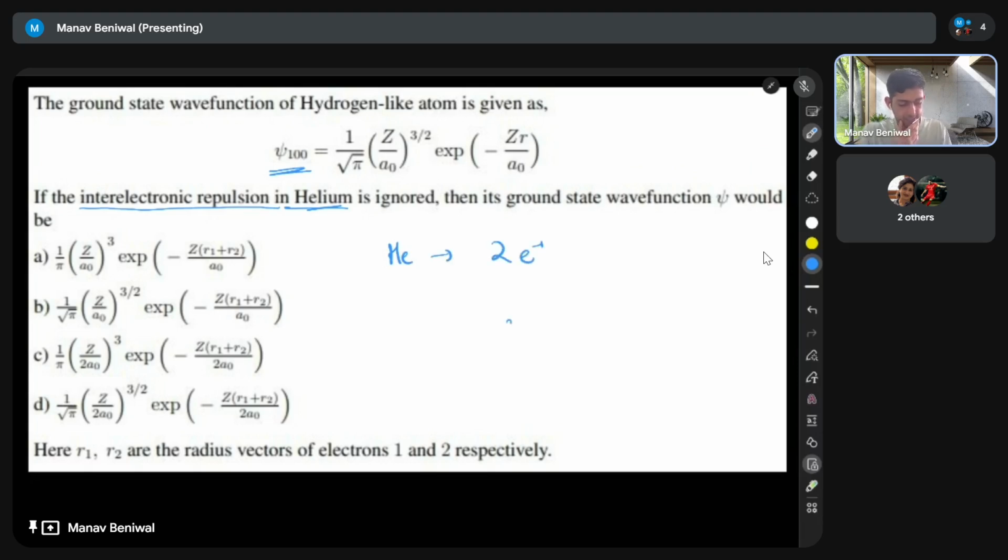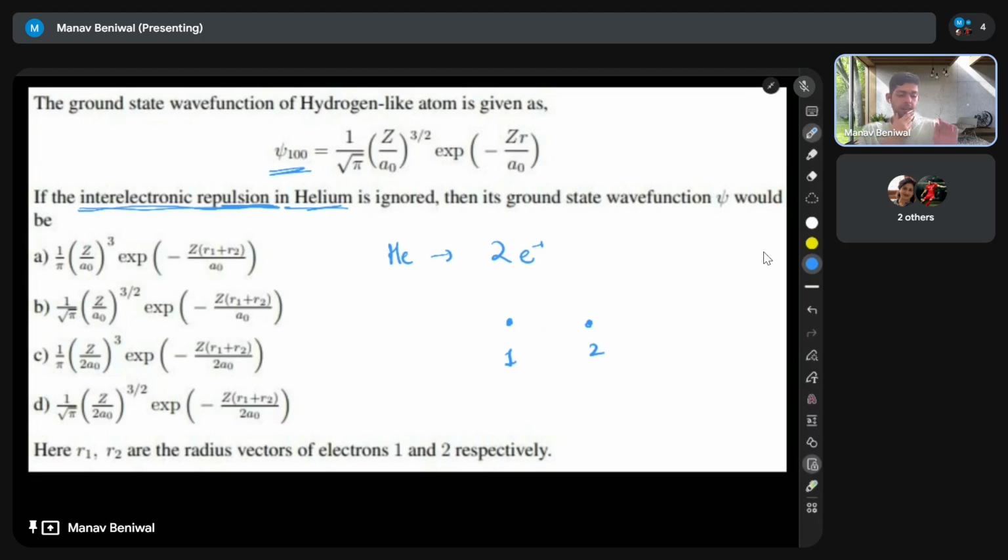Let's say this is 1 electron, and this is our second electron. The question says that the inter-electronic repulsion is ignored. So basically they do not feel each other, they do not see each other, they do not interact with each other.